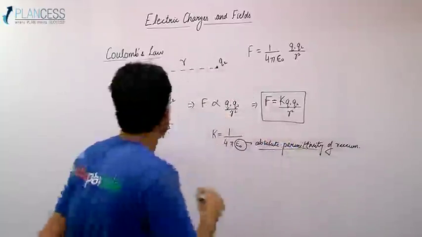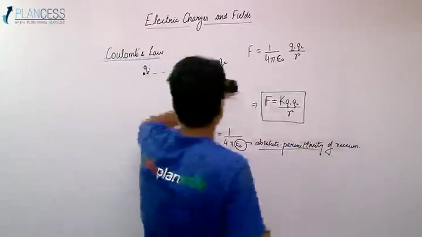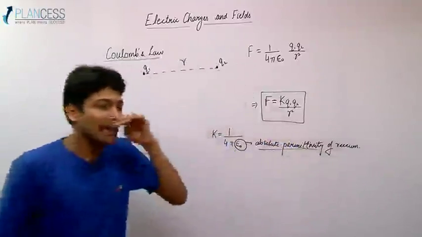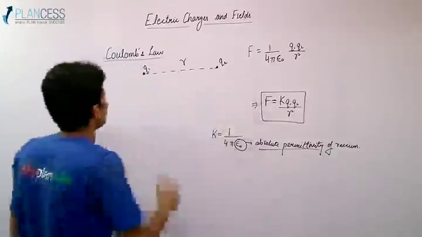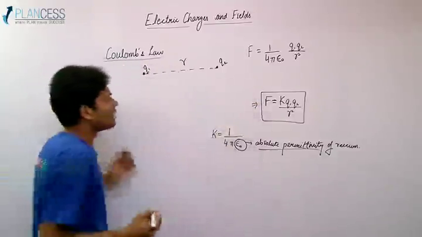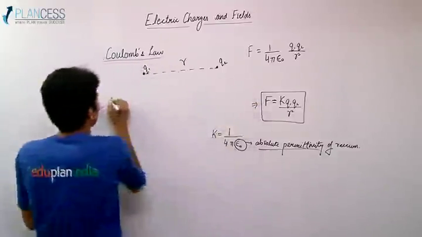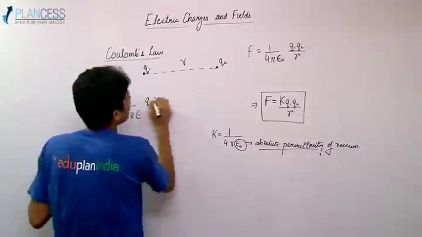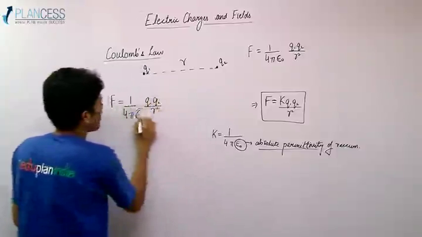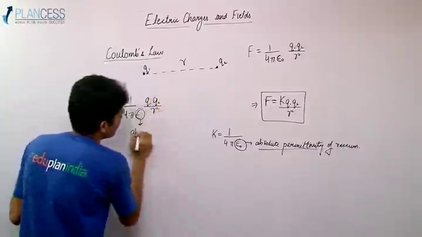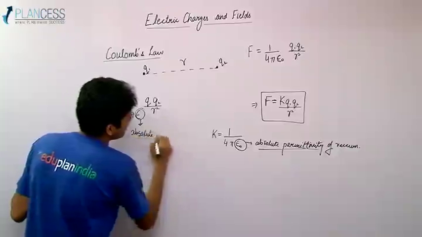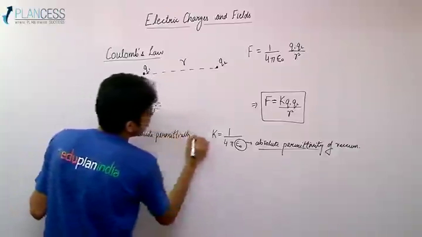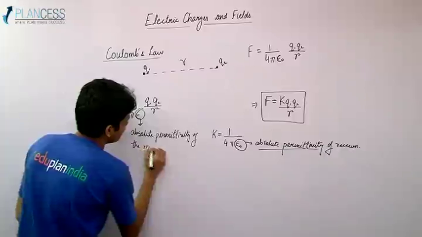Similarly, if these charges were not kept in vacuum, but were kept in a medium, then F would become 1 by 4 pi epsilon Q1 Q2 by r square, where epsilon is known as the absolute permittivity of the medium.